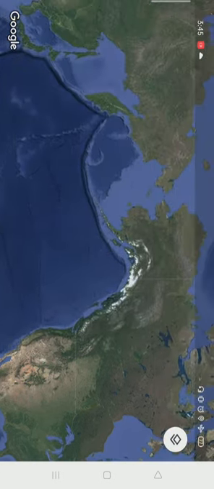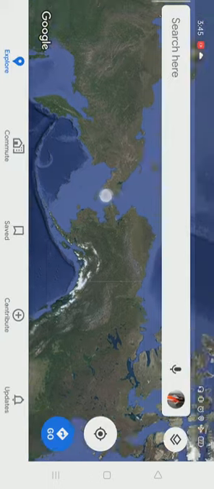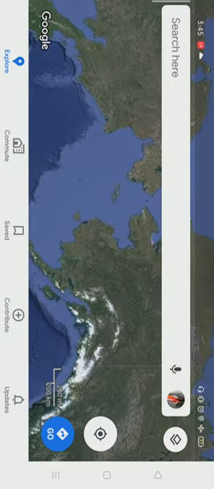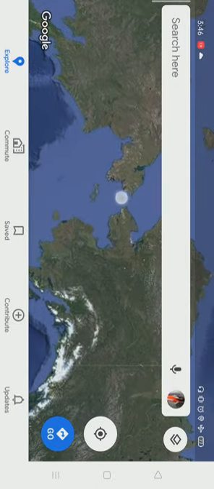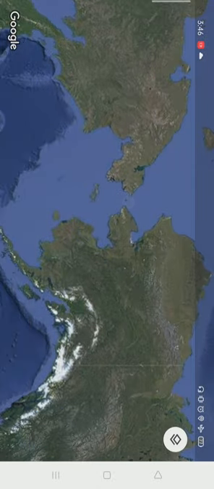Okay, and 180 degree is here, this particular area, you see this area where I am pointing. So imagine a straight line passing, this is the ultimate line where east and west will come together and you will have 180 degree.